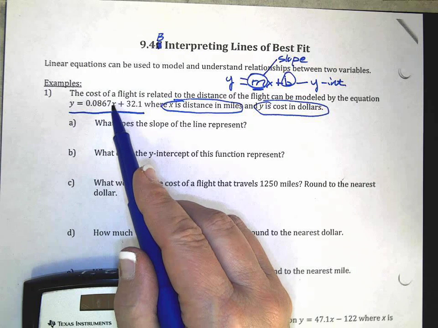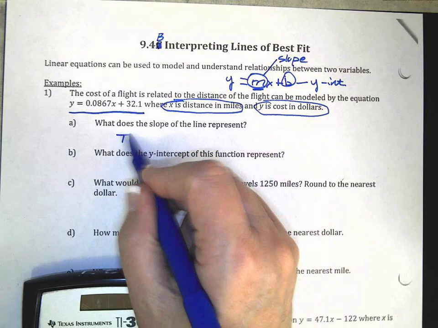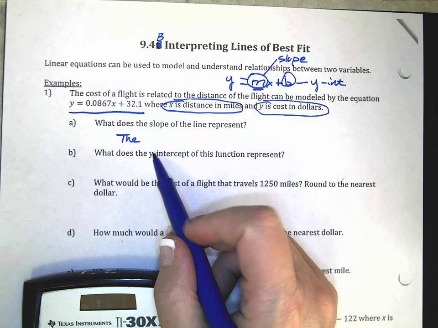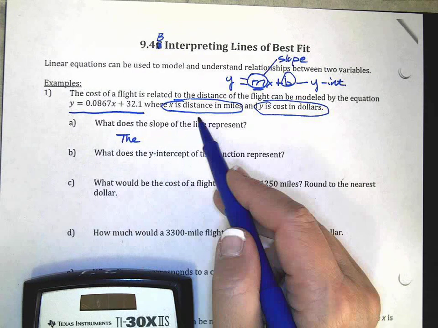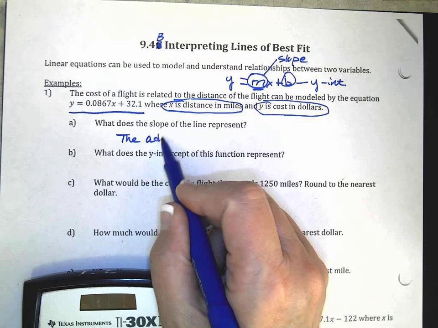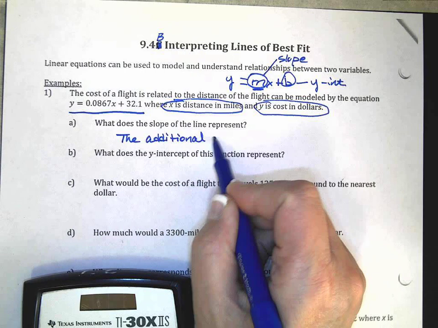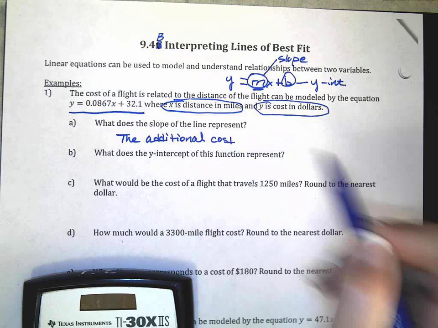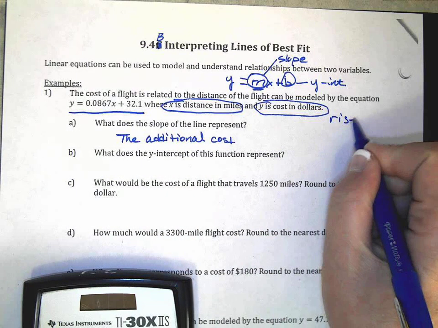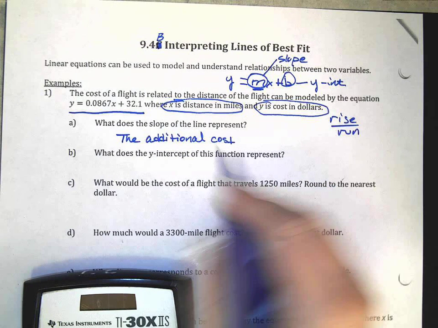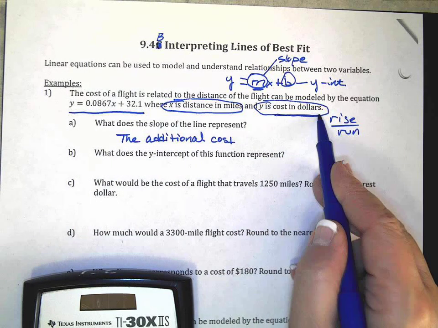0.0867. So our slope would represent the additional cost for each mile. Because remember, our slope is always this rise over run. So the 0.0867 is our rise, which is the cost in dollars.